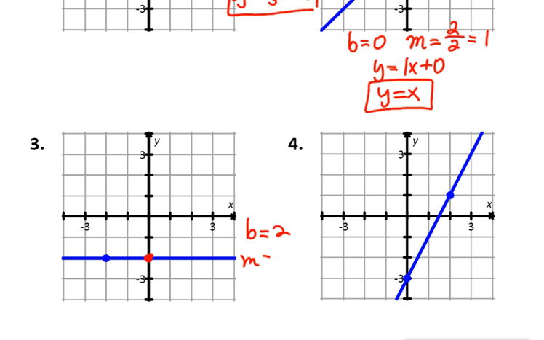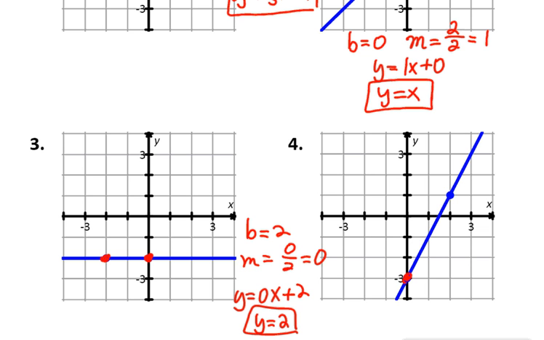So it doesn't rise, so 0, and then if I go from these 2 points, it's going to be over 2, which simplifies to 0. So if I use slope-intercept form, that would be y equals 0x plus 2, and simplified, that would be y is equal to 2, and that's a horizontal line.